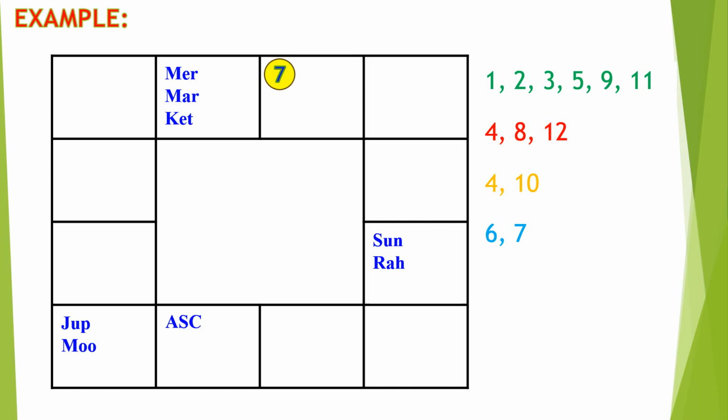So if Sun and Rahu are in the 10th house, that is the 4th house to the 7th house, and if Jupiter and Moon are in the 2nd house, that is the 8th to the 7th house, and Mercury, Mars and Ketu in the 6th house, that is the 12th to the 7th house, they will obstruct the benefit of that 7th house particularly.